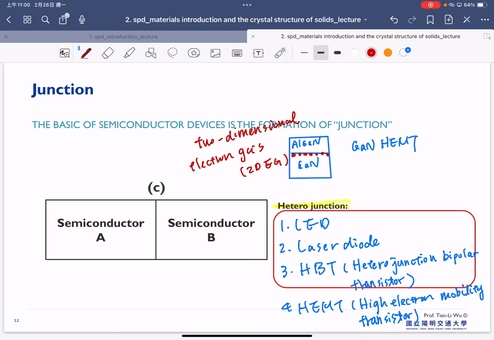So this is an example of a junction between two semiconductor materials that can create certain unique physics properties. And the gallium nitride HEMT nowadays is mainly used for RF and power applications.